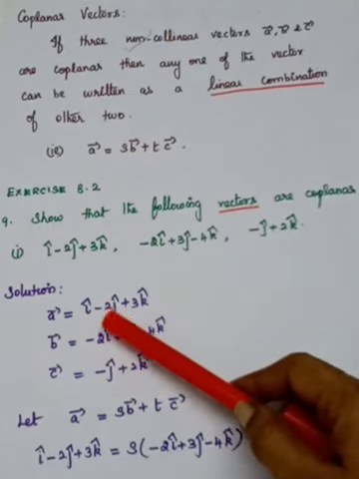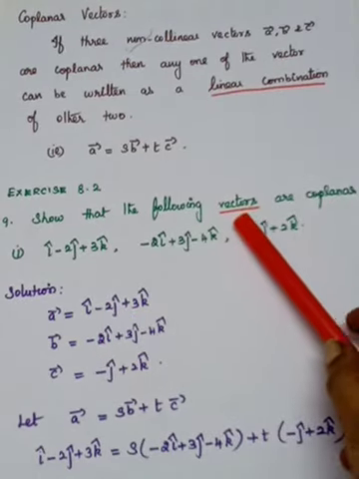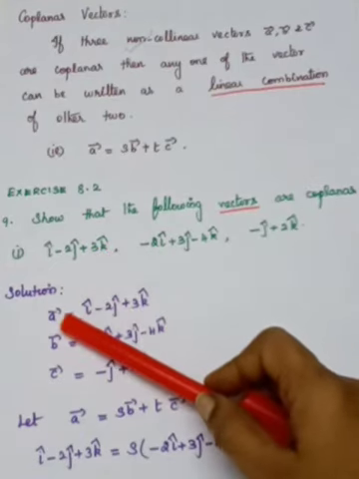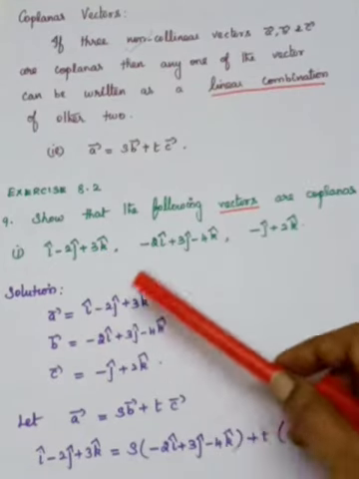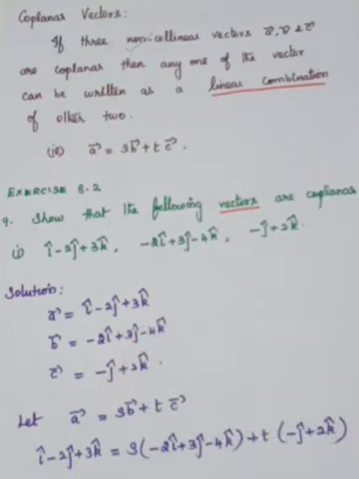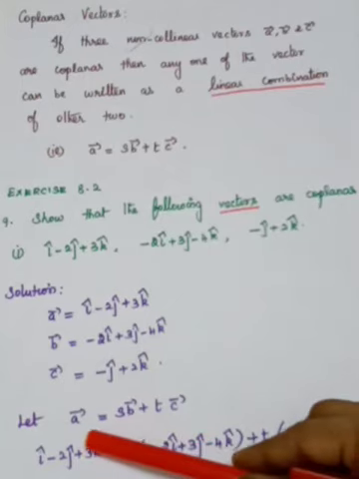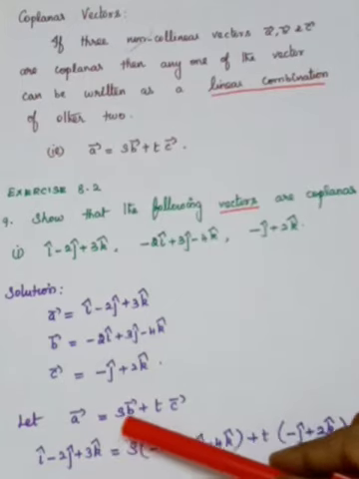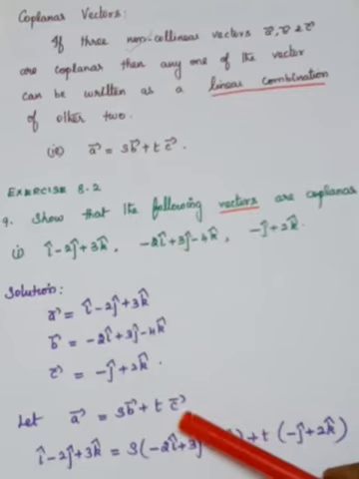We have to take the first vector as A vector, the second vector as B vector and the third vector as C vector. So we have to show that they are coplanar. If you can write one vector as a linear combination of the other two, we can say the given vectors are coplanar. That's why I have taken here A vector is equal to SB vector plus TC vector.